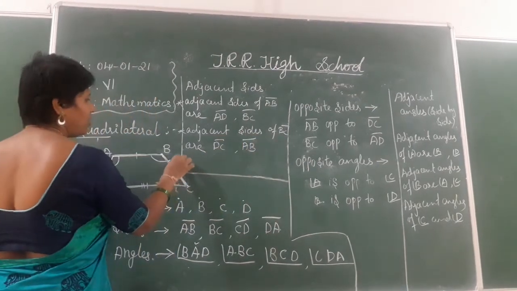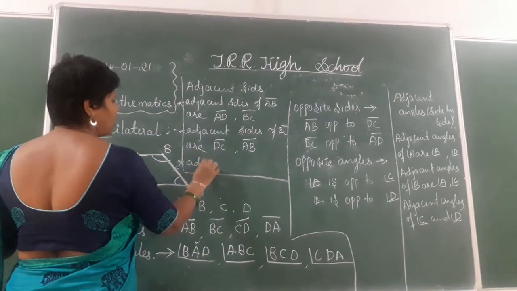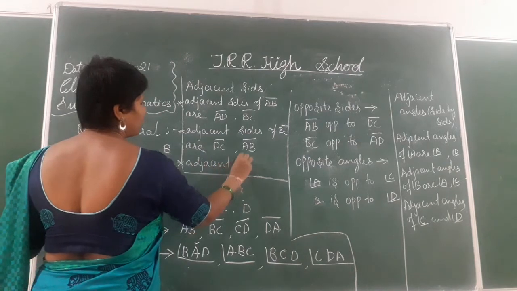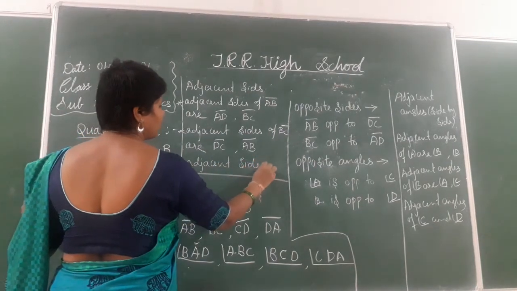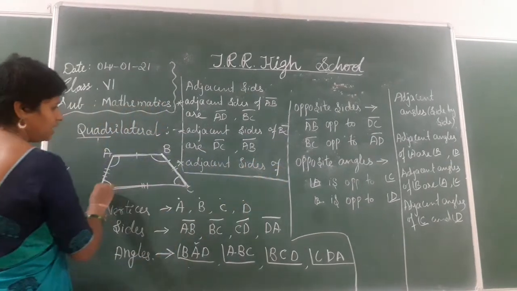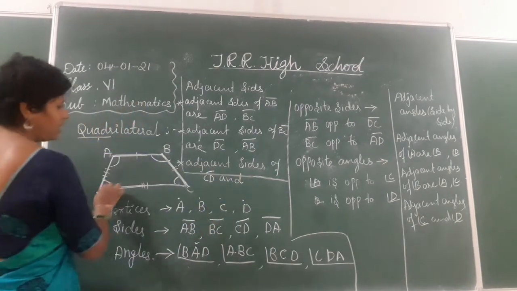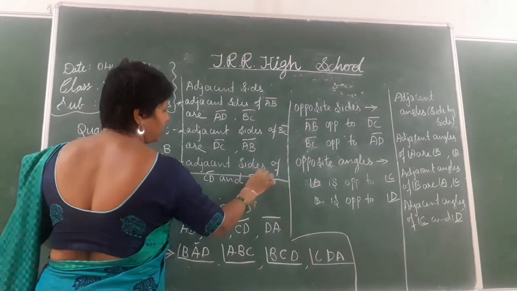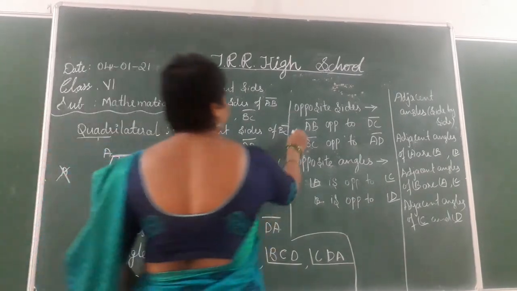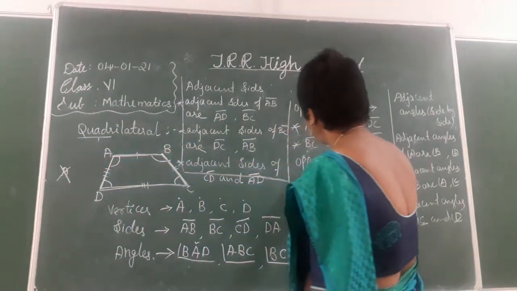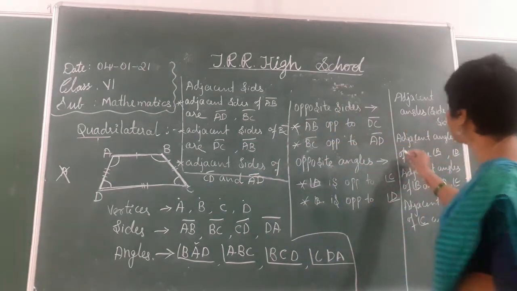Now in the same way you try to find adjacent sides of CD and AB. Clear? This is very important.